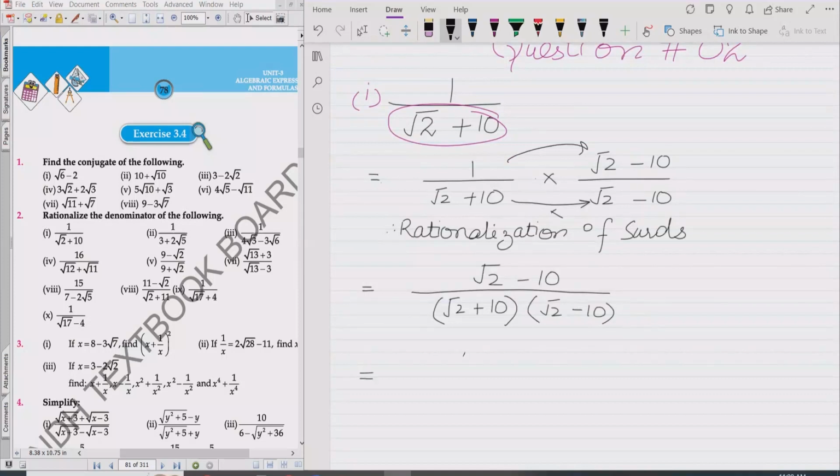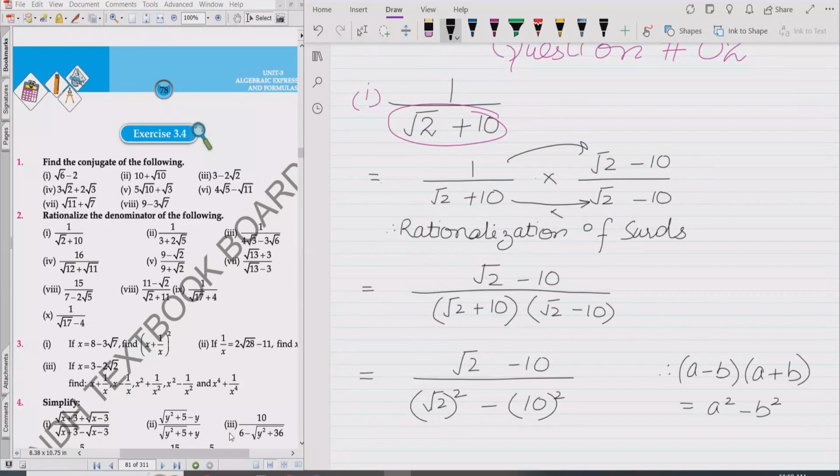After that we simplify this one by applying the algebraic formula: root 2 whole square minus 10 whole square. This is a minus b multiplied by a plus b, which equals a square minus b square.